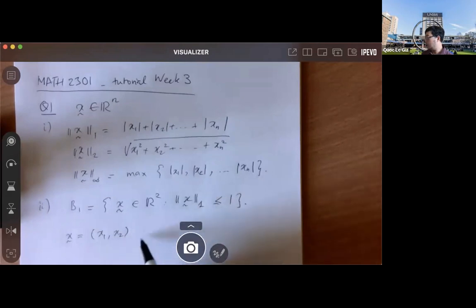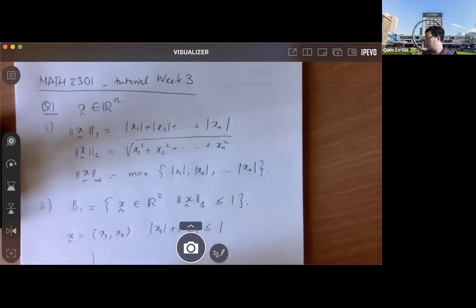Then this condition just means that absolute of x1 plus absolute of x2 is less than or equal to 1. So how do you plot it on the plane? So this is the plane here. So this is x1, this is x2.